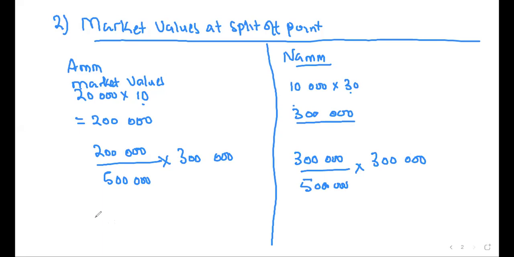So how much are we going to have for each using the market values? Here it is going to be 2/5. Just use 2 divided by 5 times 300,000.